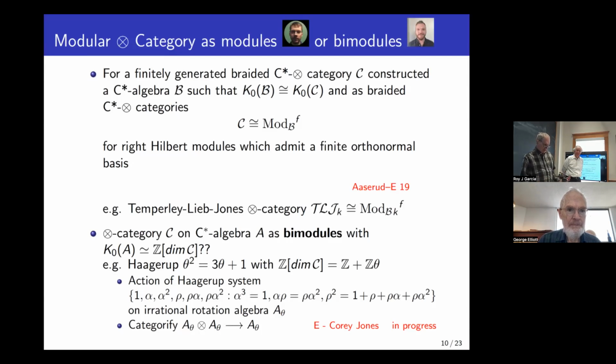They are two completely different constructions, and the B's are never simple. So are they type 1? They're AF algebras, yeah.